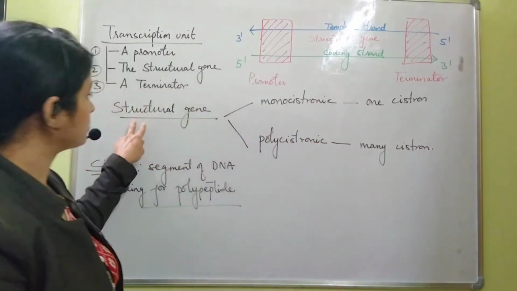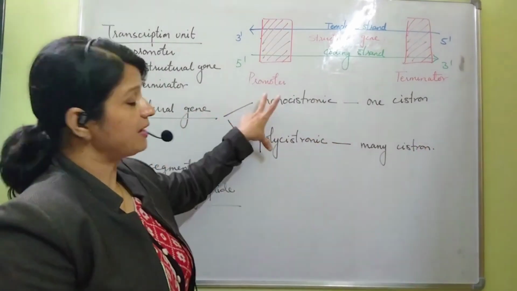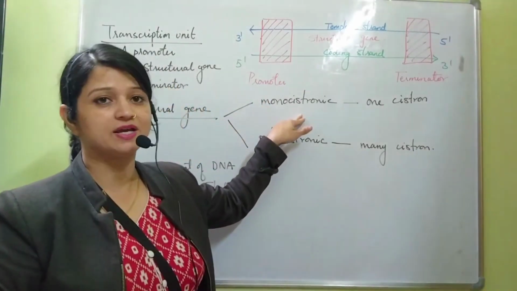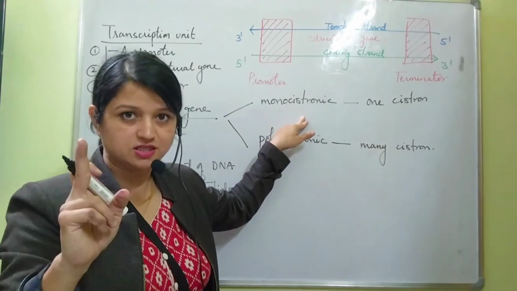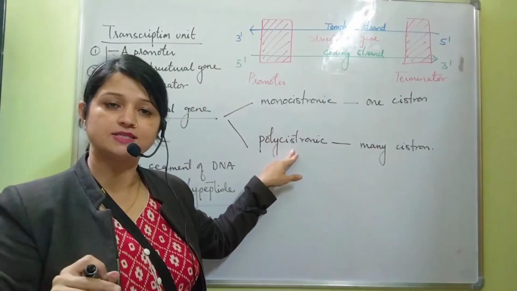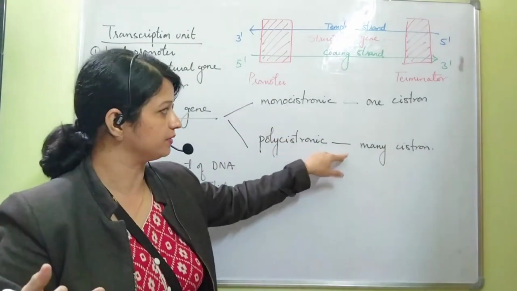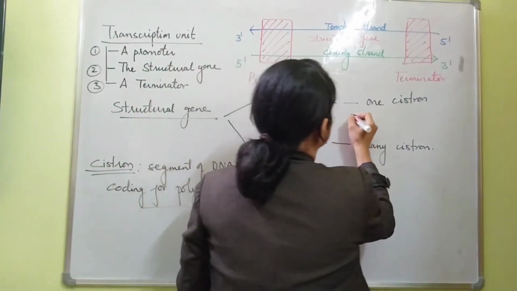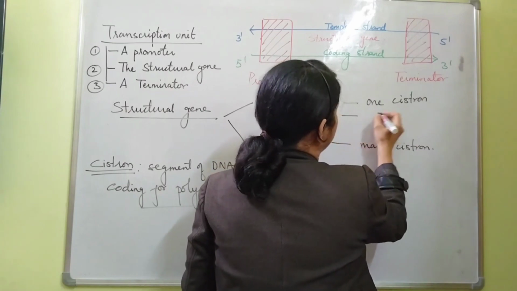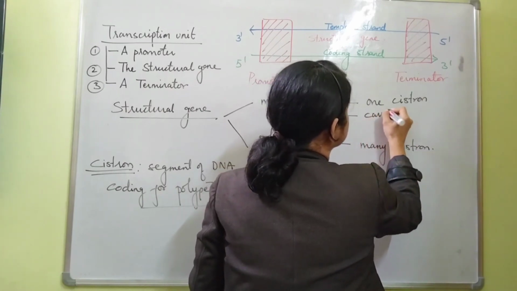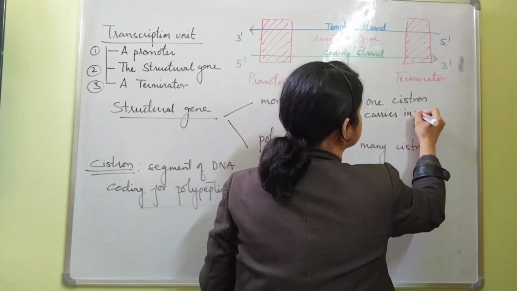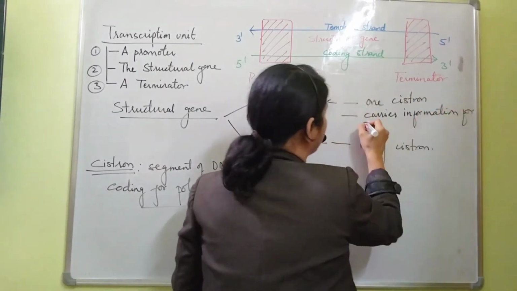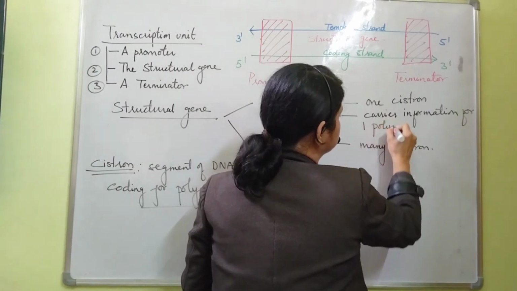Again, the structural gene is of 2 types, monocistronic and polycistronic. Monocistronic means it contains only 1 cistron. Polycistronic means it contains many cistrons. So here what will happen? If there is only 1 cistron, it will carry information for one polypeptide.